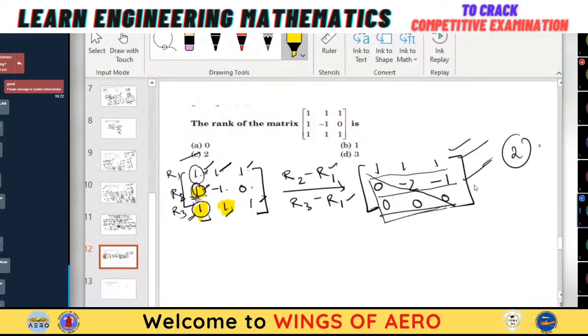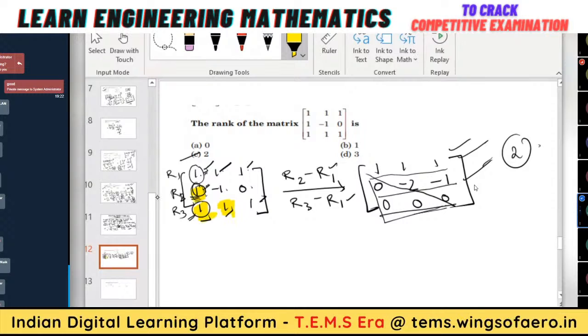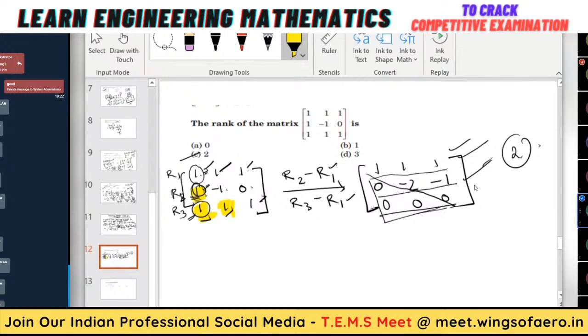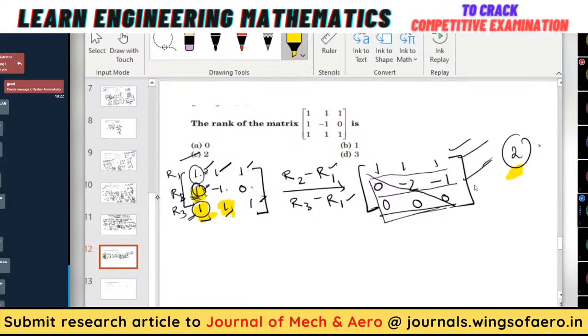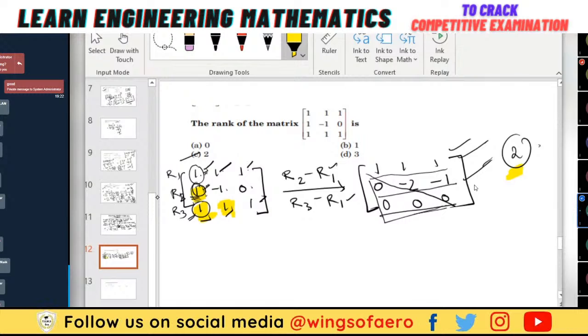After getting the upper triangular matrix, your target is for these 3 elements to be 0, whatever operations you do. If you get the number of zero rows as 1, then the rank is 2. The number of non-zero rows will be the rank of the matrix.